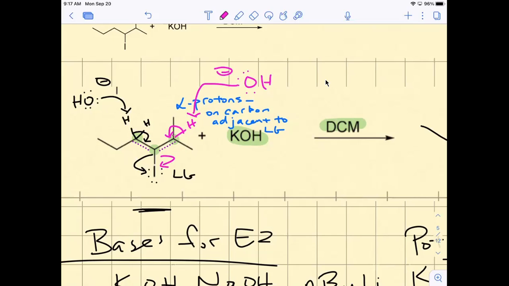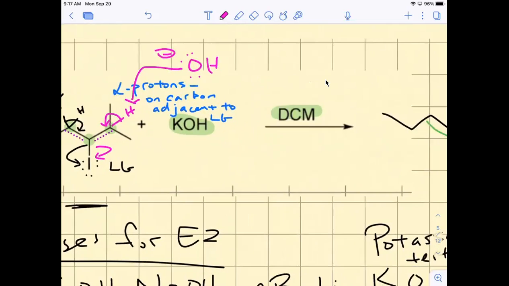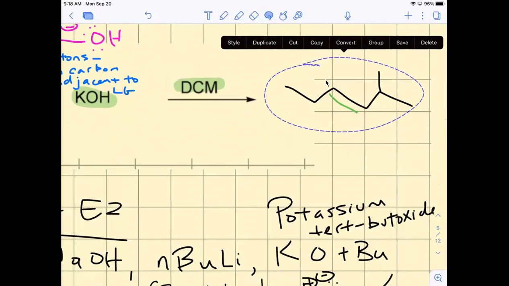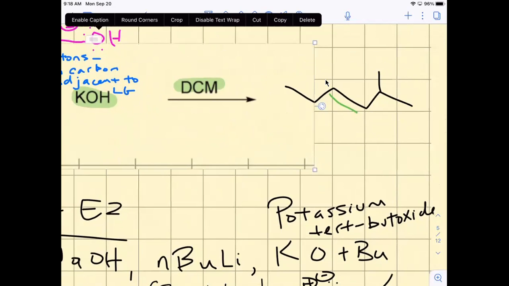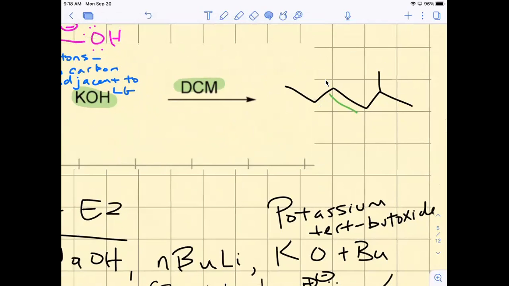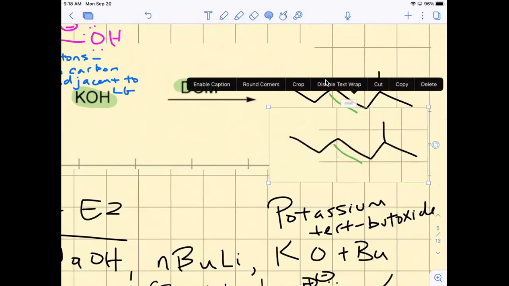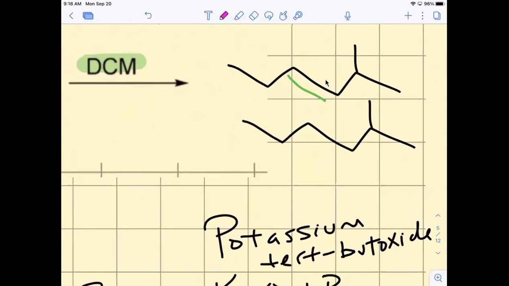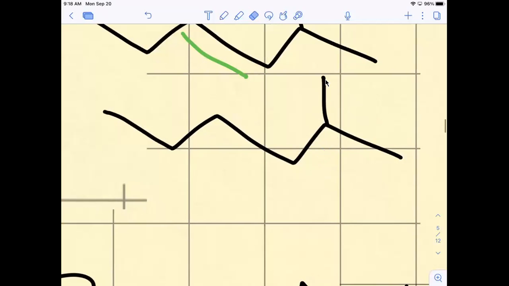That's where the second elimination is going to happen. So don't think you're going to get two double bonds in the same product. That's not going to happen. I'm just going to cheat and copy this. I'm going to erase this alkene and put the other one in on the other side. So that's my product from the second elimination.